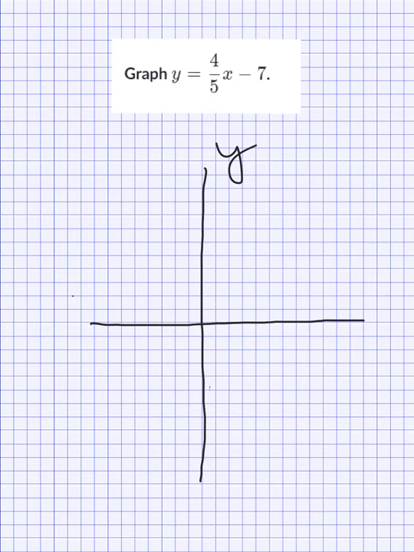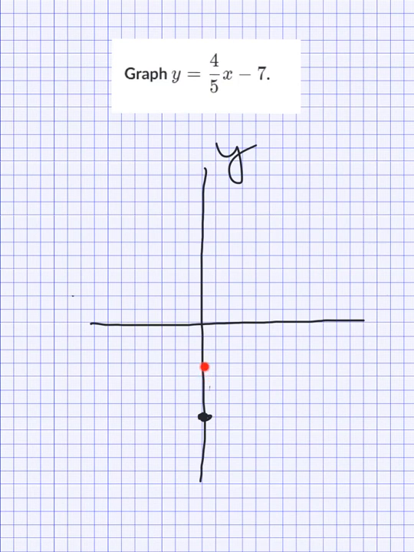Last example, a two-variable equation. We're going to solve it by graphing. The y-intercept is -7. So from the origin, I'm going to go down 7, 1, 2, 3, 4, 5, 6, 7. So my first ordered pair is graphed here. The slope is 4/5. So that means from -7, I'm going to go up 4, 1, 2, 3, 4.